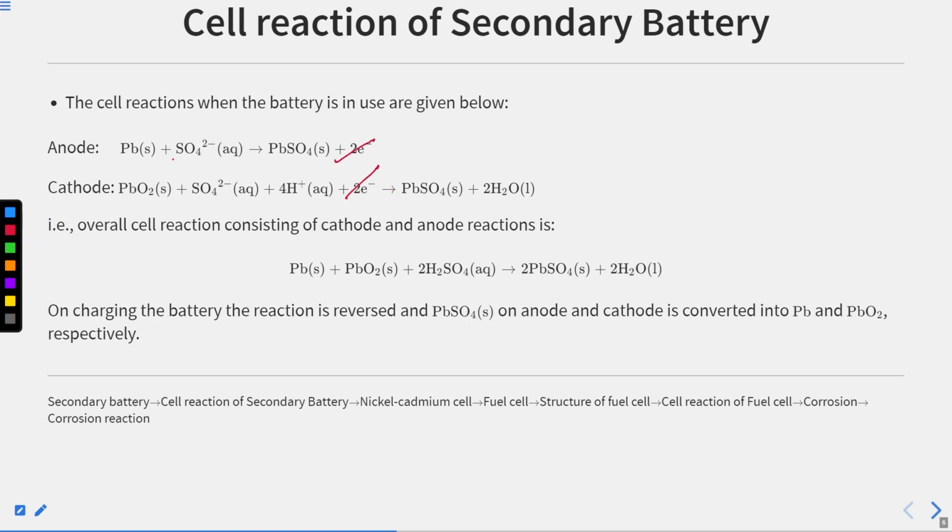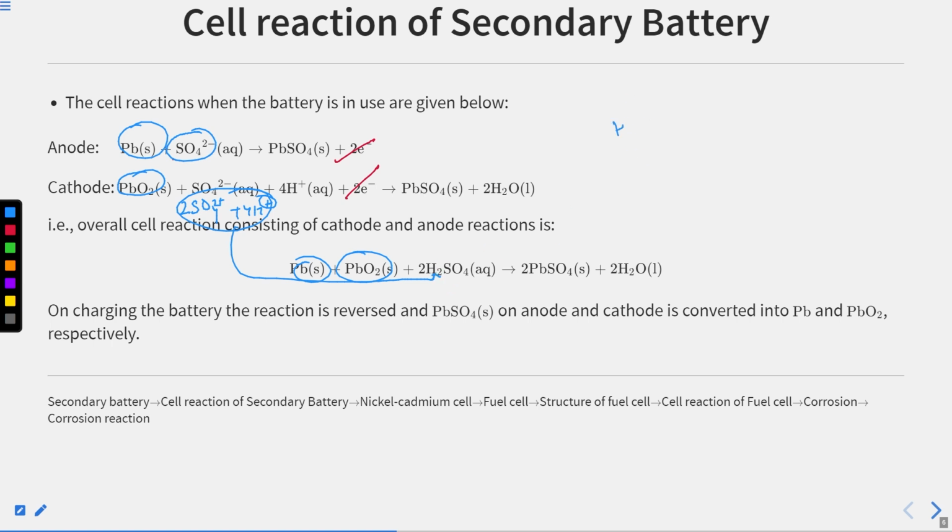Now what are we left with? We are left with Pb, which is written here, and PbO2, which is written here. Then this 2 SO4 2- and 4H plus will make up 2 moles of H2SO4.